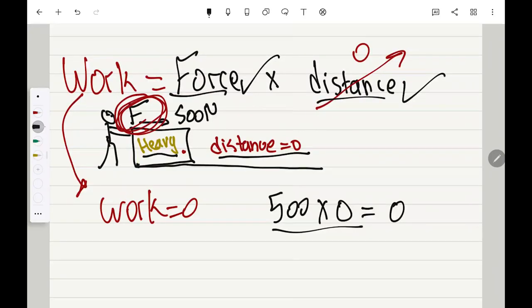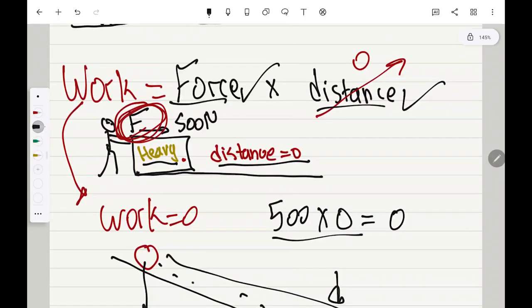Somebody needs to apply, or an object needs to apply a certain force, and it needs to move the object on which the force is being applied. If either of those conditions doesn't exist, your work automatically happens to be 0. All right? Sometimes you apply a force on an object, such as this one right here. The man is trying to push the box, and yet it does not move.